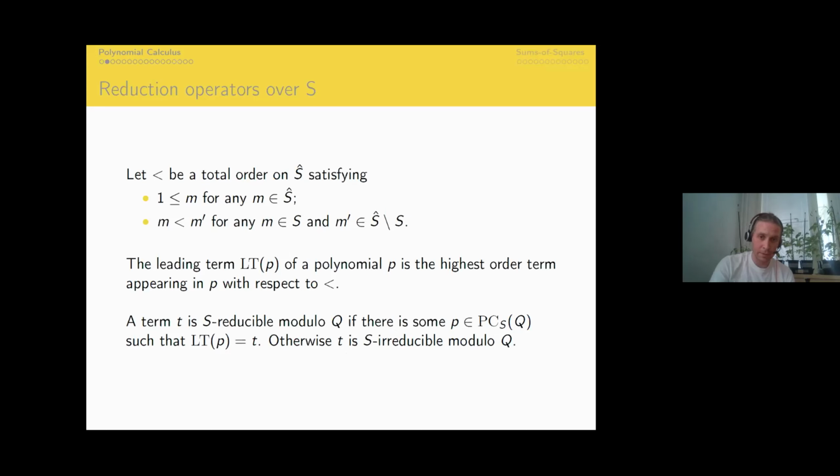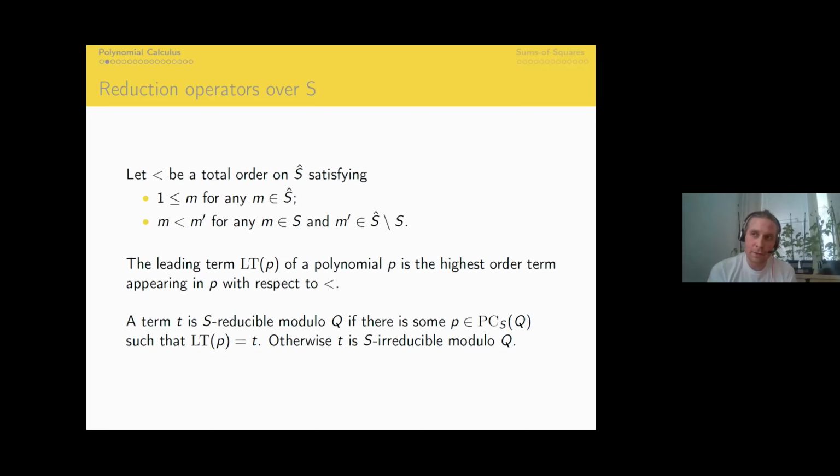So technically speaking, a monomial M and its lift could both be in S hat, right? So the question is, do you always want M to be smaller than X times M or not necessarily?